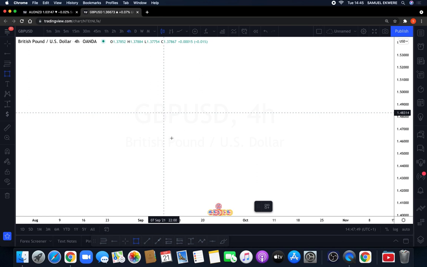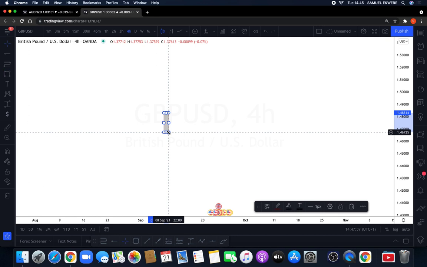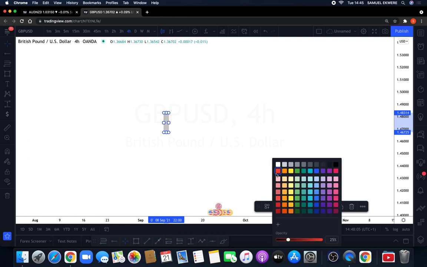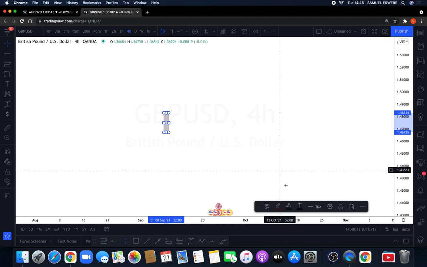A bullish order block is the last bearish candlestick in a downtrend or a swing low. So let's make this a red one here.